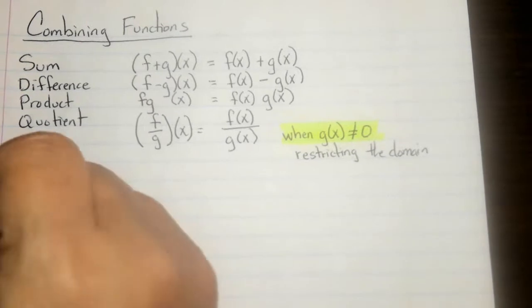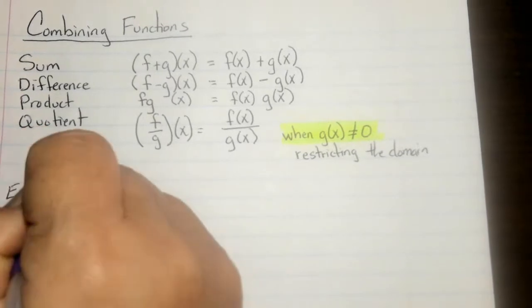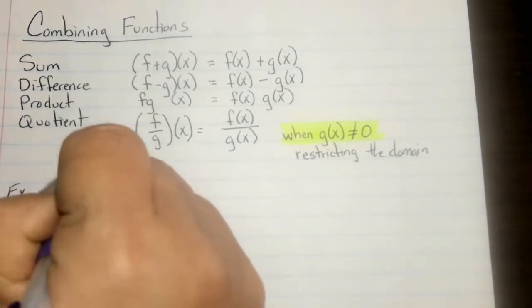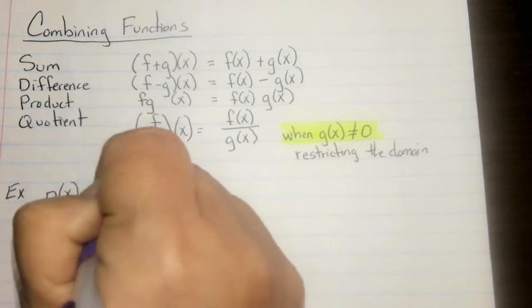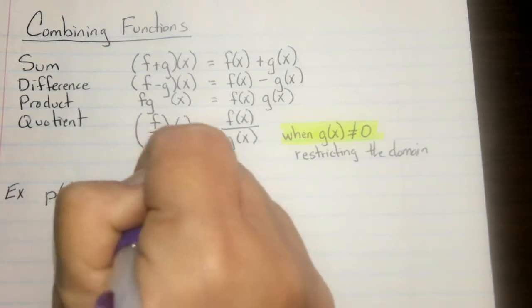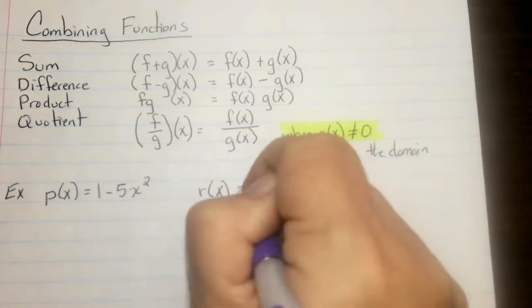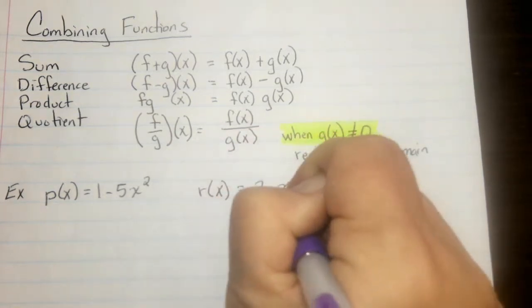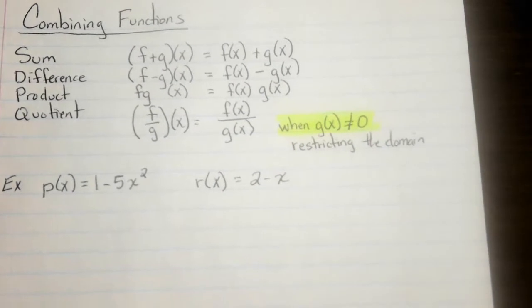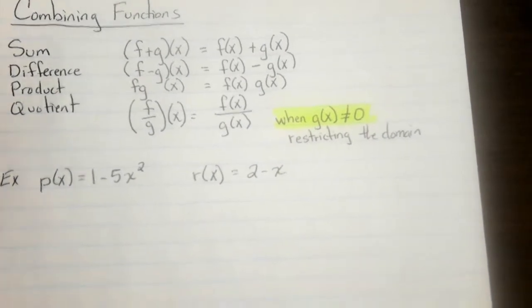Alright, so we're going to do an example together where we have function p of x is equal to 1 minus 5x squared. And we're going to have function r of x being equal to 2 minus x. And we're going to go through all four of these combinations.